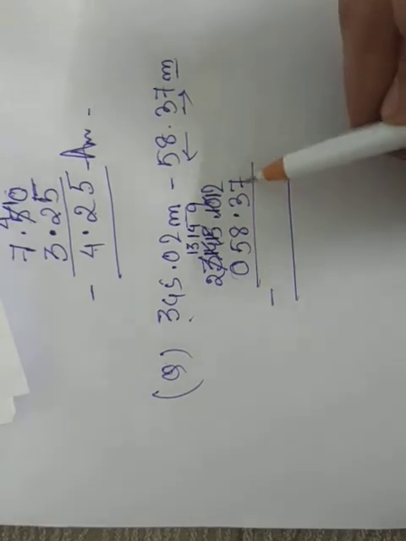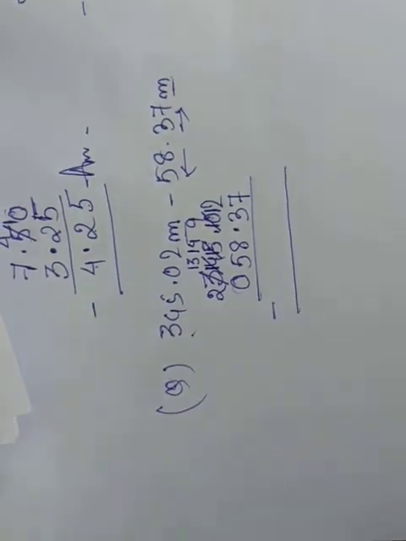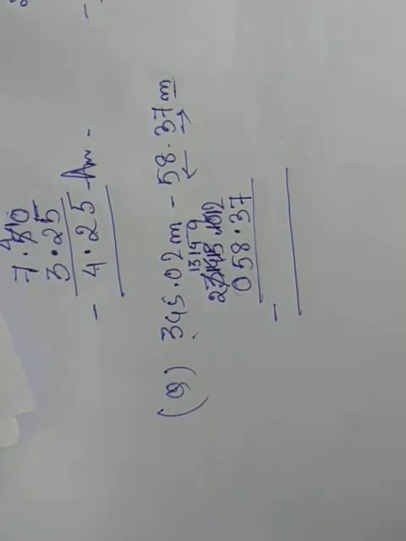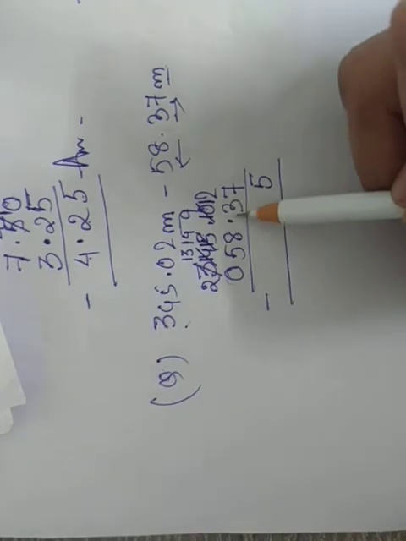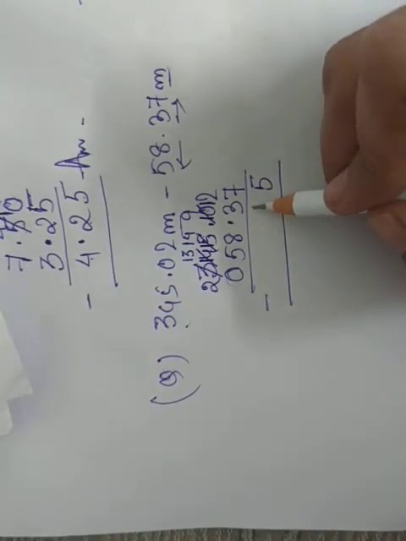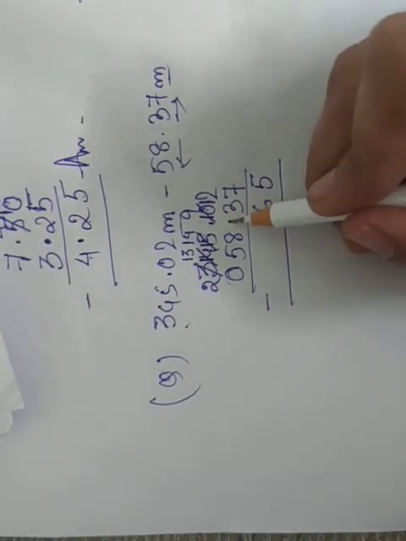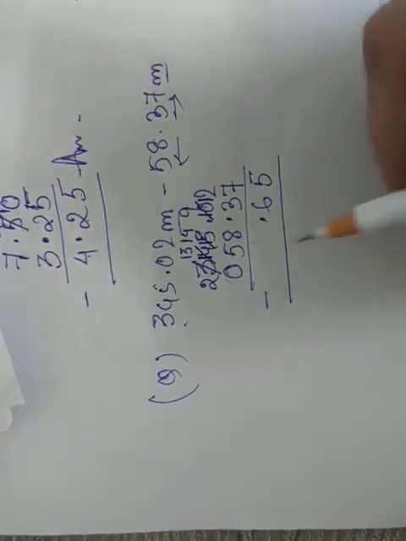Now simply we will subtract. So if I subtract 7 from 12, it will give me 5. Now if I subtract 3 from 9, it will give me 6. Just below the decimal, put a decimal.